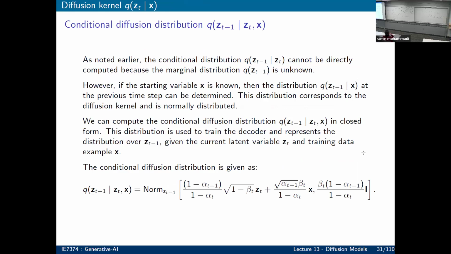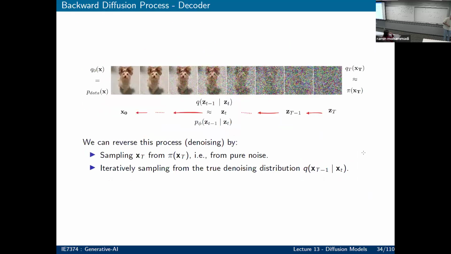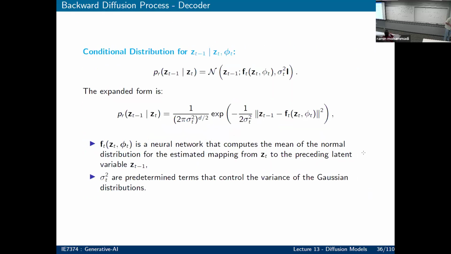So we still do the same thing: you are trying to denoise one step at a time. In order to denoise, you need a mean and a variance, because you do the reverse of adding. So we develop a model f, your neural network, which is going to predict that mean, that long term you saw in the previous equation.